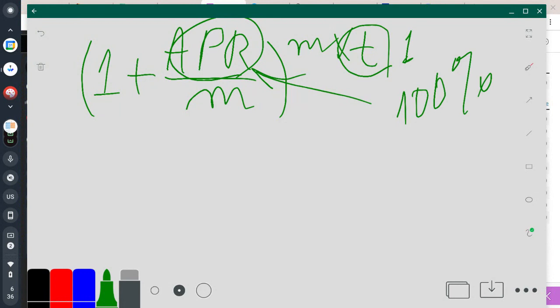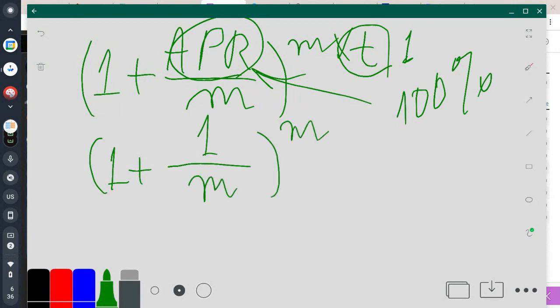But then, if I rewrite this with 1 as 100%, right? Raised to 1.